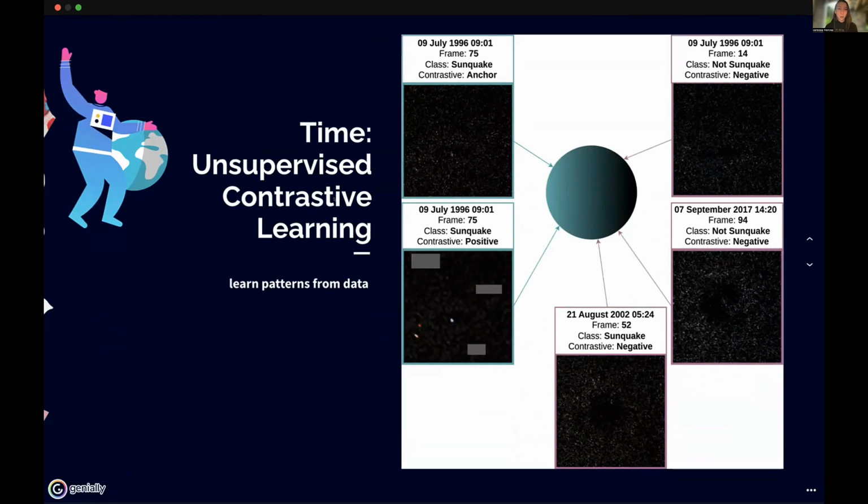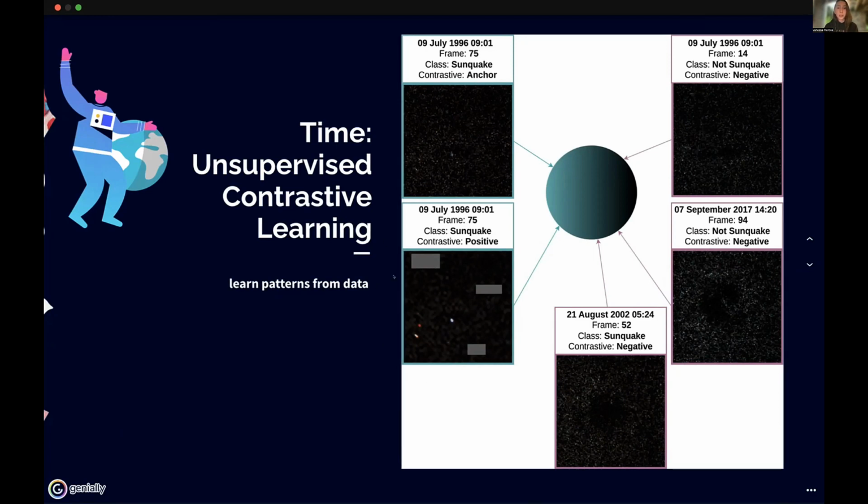So first, with unsupervised contrastive learning, our goal by applying these techniques is that of trying to learn patterns from the data. With unsupervised, we completely ignore the fact that some images in our data set are positive or negative, so contain a sunquake or don't contain a sunquake, but instead try to focus on learning patterns, learning the structure of the AR, learning where the noise is, and so on. To do this, we take each image in our data set and apply a set of transformations to it.